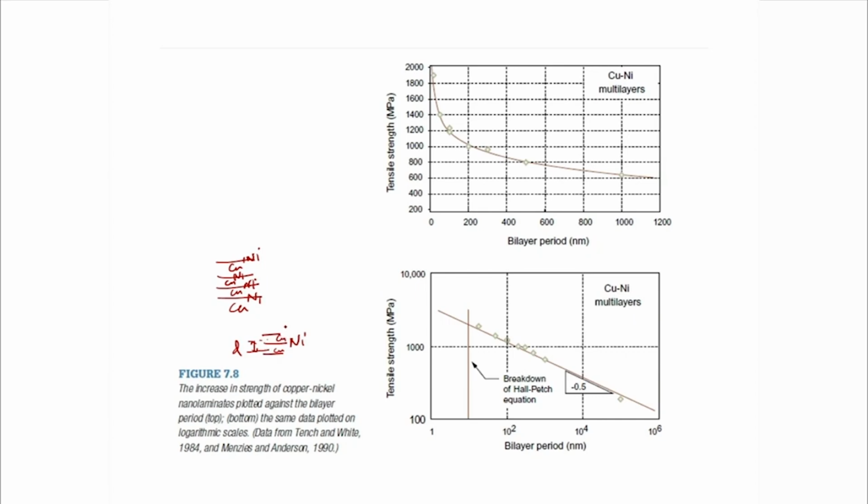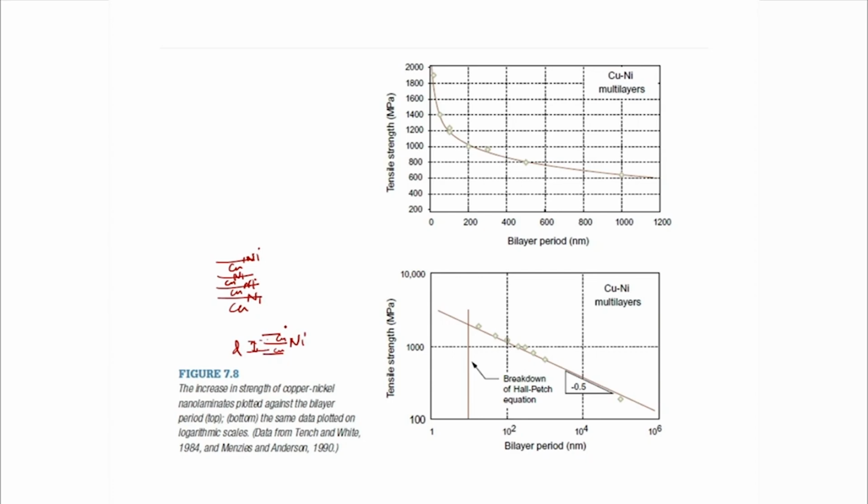If tensile strength is plotted as a function of bilayer period, you can clearly see that there also this equation shows a tremendous increase of strength. But it has been observed this equation breaks down below a certain value of bilayer period. So this is universal. In nanocrystalline copper, nanocrystalline nickel, bilayer copper-nickel, and many other materials, this equation has been found to break down. So the question is, why does it break down?